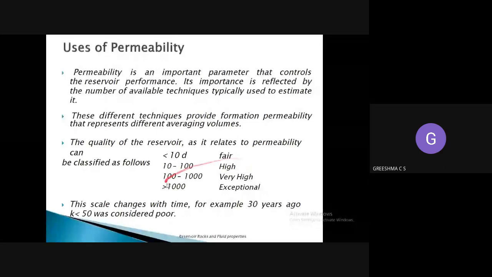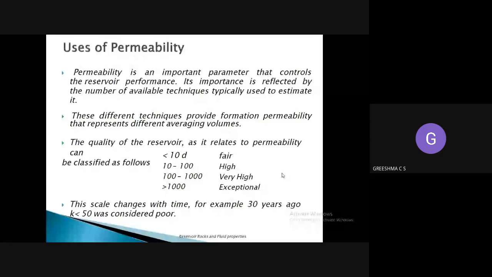If the permeability is between 100 to 1000, it is a very high performance reservoir. Sorry, less than 1000 means it is an exceptional reservoir. That means the permeability is very low, so it can store more water.